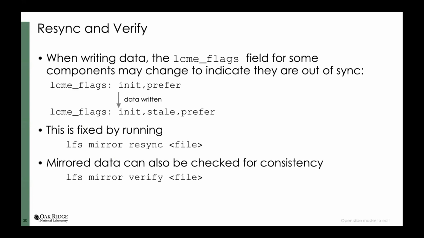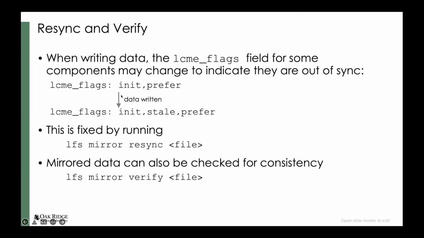Now, when writing data, you'll notice that the LCME flags fields for some components may change to indicate that they are out of sync. As I mentioned earlier, when you write, we'll only write to one of the mirrors, and the others will be marked stale.